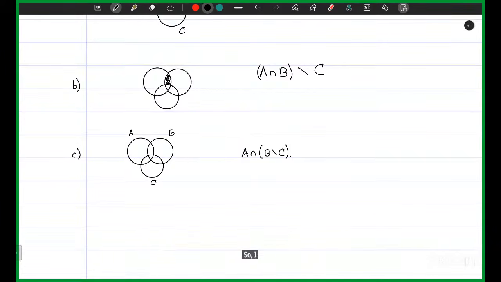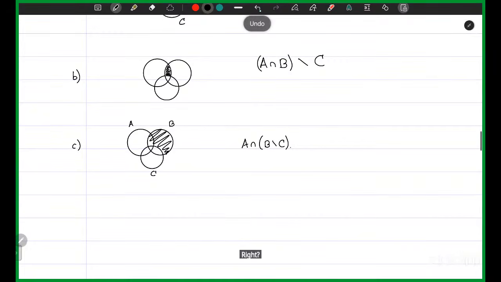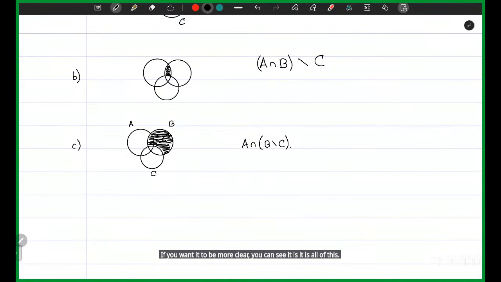So I have to remove the part of B which is there in C as well. So I'll be left with this, right? If you want it to be more clear, you can see it is all of this.